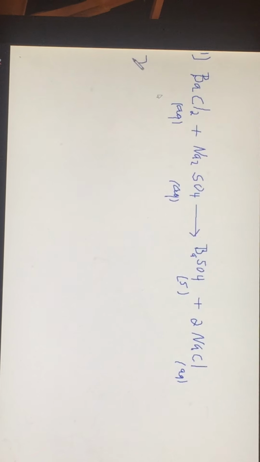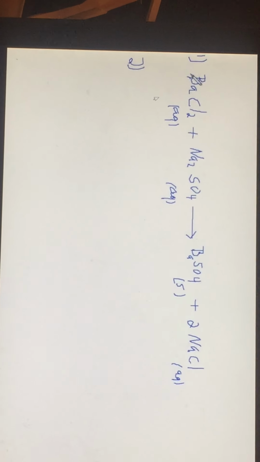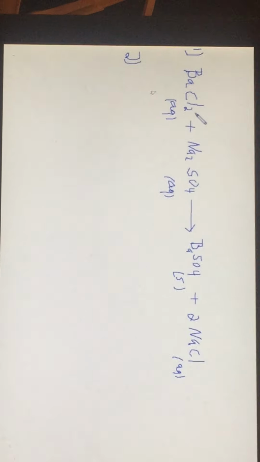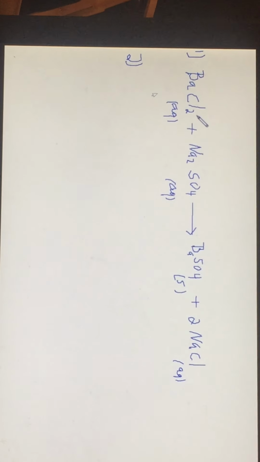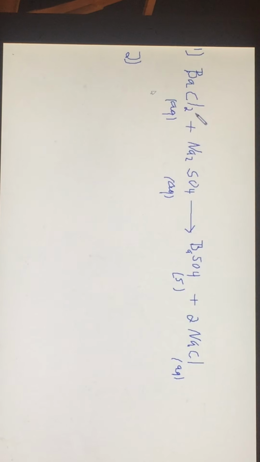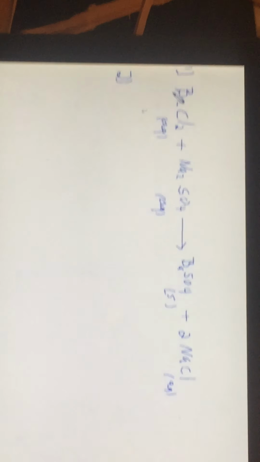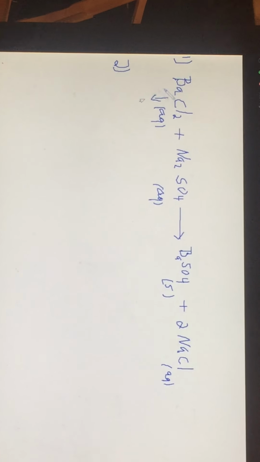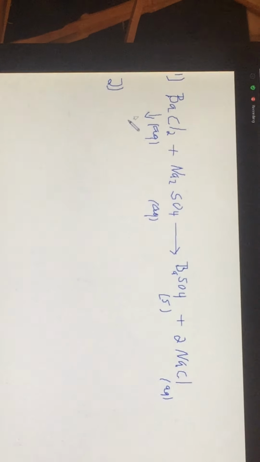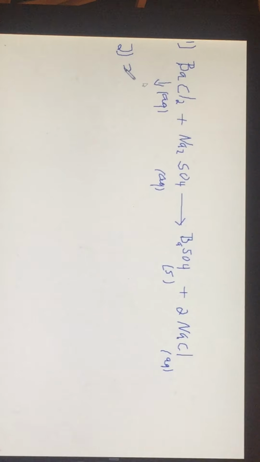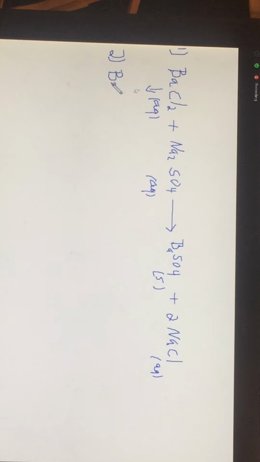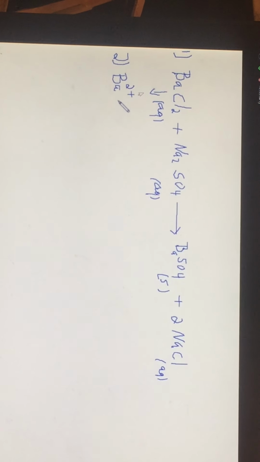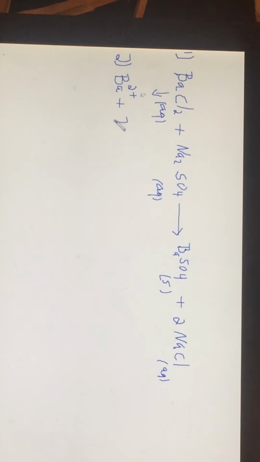All right, step number 2. But make sure that step 1 is balanced. The balanced reaction is called the molecular reaction. The second step is to write down all these compounds as ions. Barium chloride aqueous, so I'm going to split it into 2 ions: barium plus 2, plus 2 chloride.